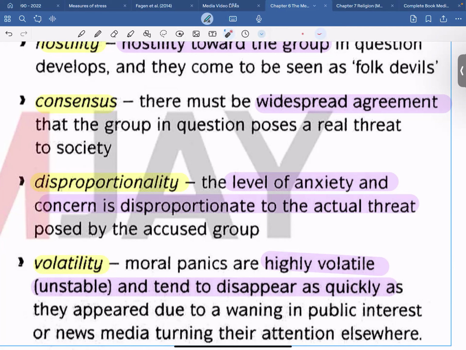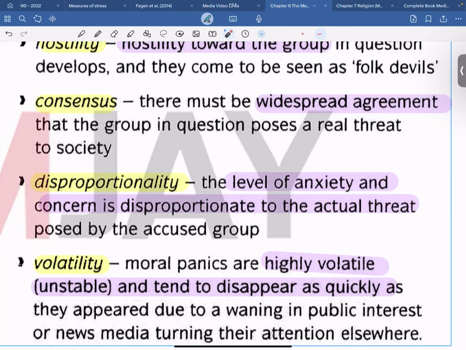So yes, there is a threat, but it is disproportionately portrayed through the media, which of course leads to individuals feeling anxious. The level of anxiety and concern is disproportionate to the actual threat posed by the accused group.